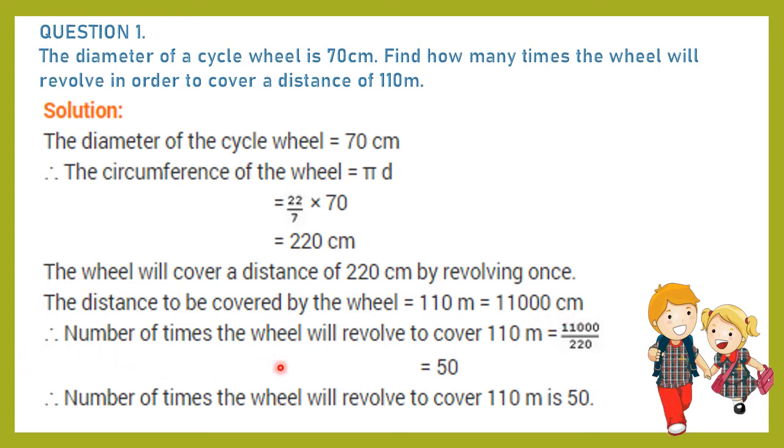Now the number of times the wheel will revolve to cover 110 meter is: total distance divided by distance covered in one revolution, means circumference of the wheel. So when we divide it, we'll get 50. It means it will take 50 revolutions to cover the distance of 110 meter. I hope this is clear to you.